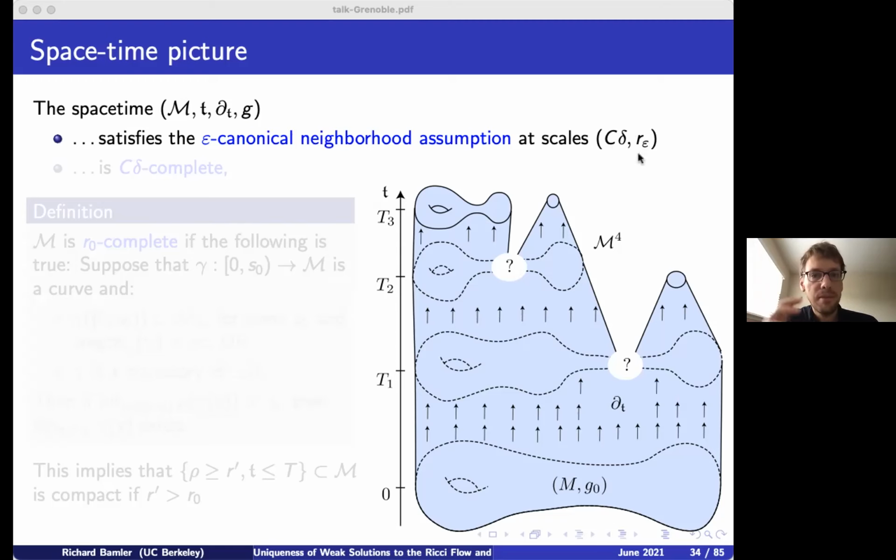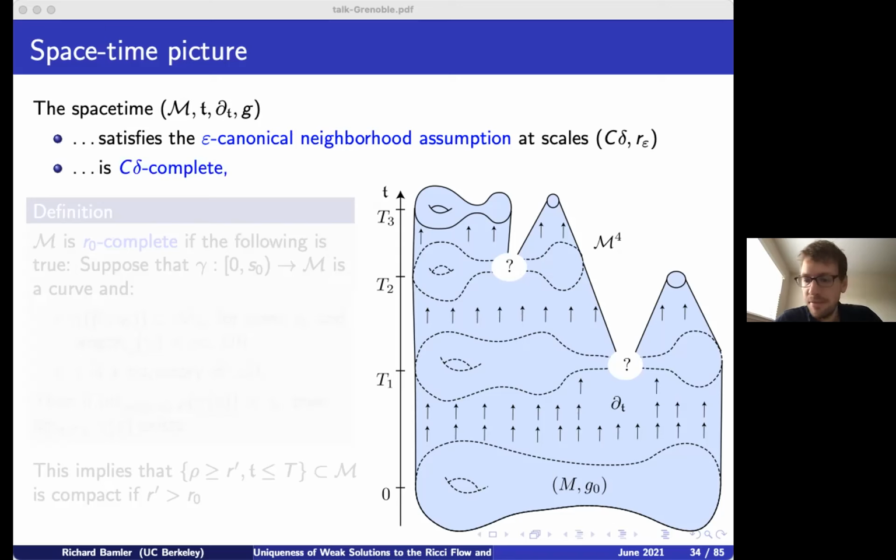We just need to be at almost singular scales. And this lower bound on the scales I've introduced to avoid that we're near one of these surgeries. I don't want to pick points near these holes because we won't have a sufficiently large ball near these holes compactly contained in the time slice. And then also this flow is C delta complete.